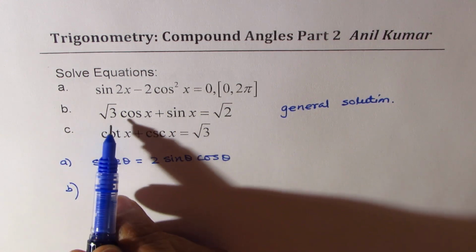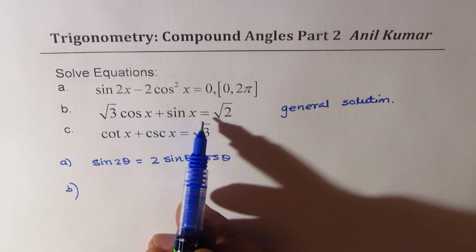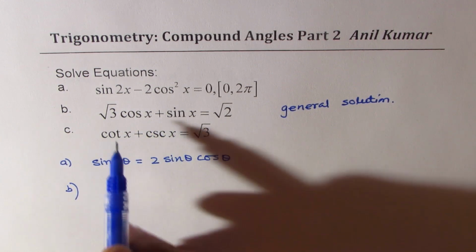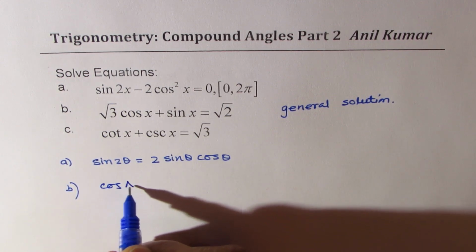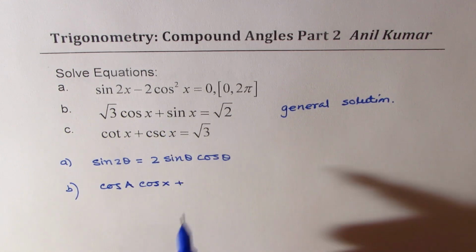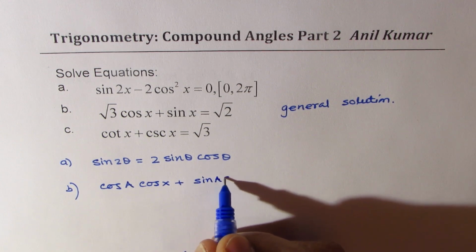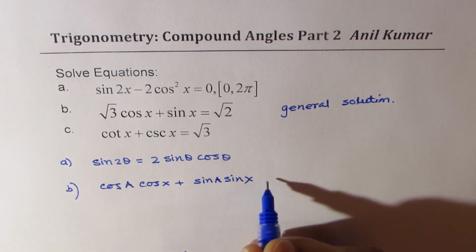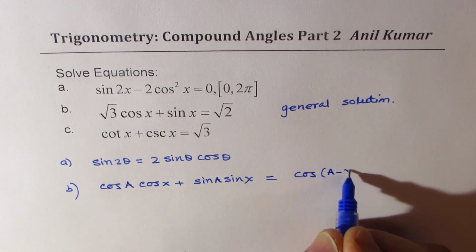For B, you see something times cos x plus something times sin x equals square root 2. You could always write this equation as, let's say, cos A times cos x plus sin A times sin x. We can use this formula, and then we can use cos of A minus x.